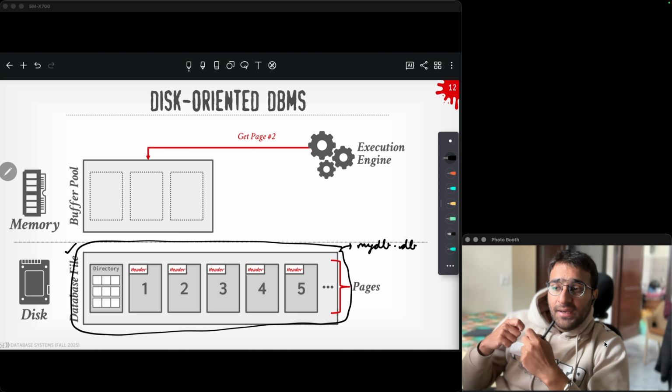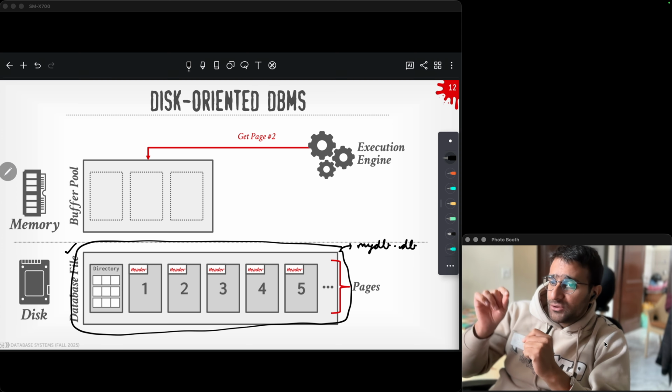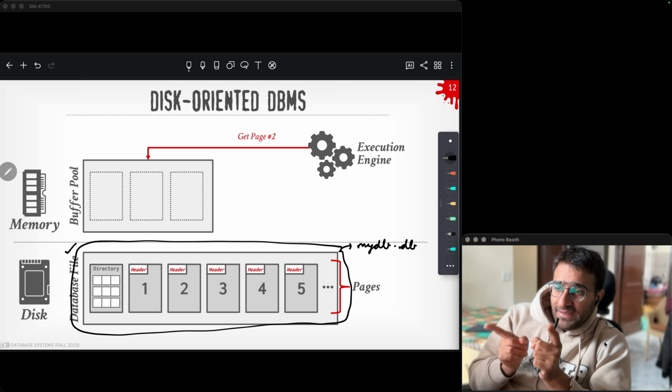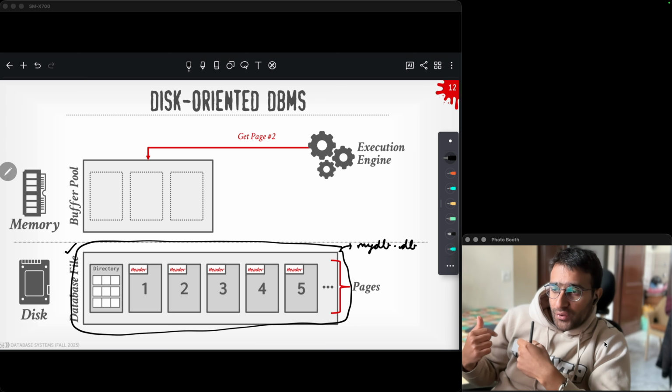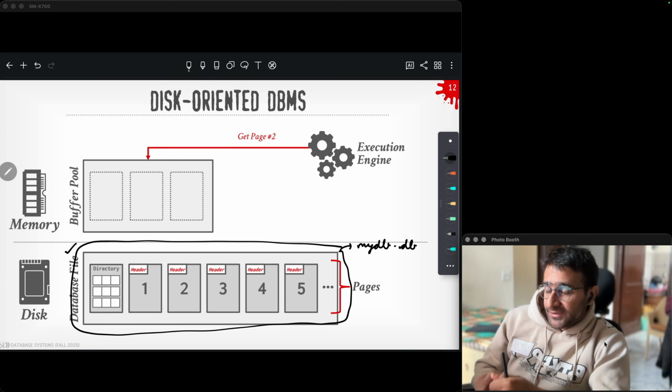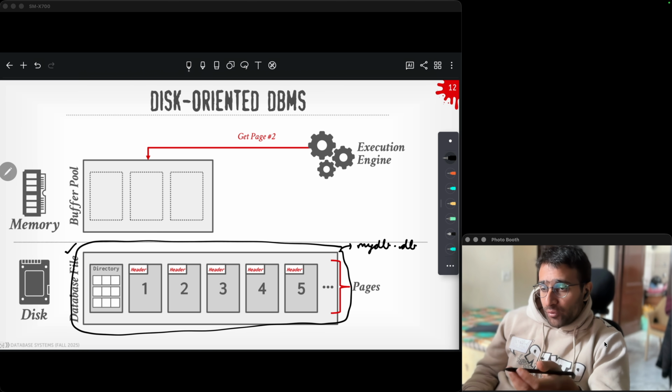Why? Because let's say I need to update 10 bytes in a page. If my page size is 2 megabytes, then just to update those 10 bytes, I'll have to fetch the whole 2 megabytes, update those 10 bytes, and then write that 2 megabyte block out to the disk again. So that would be wasteful.